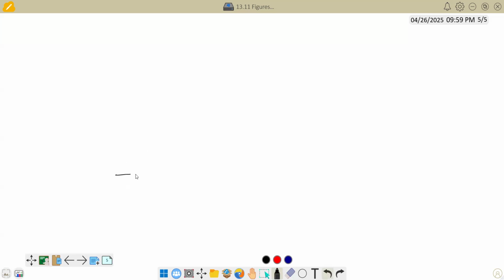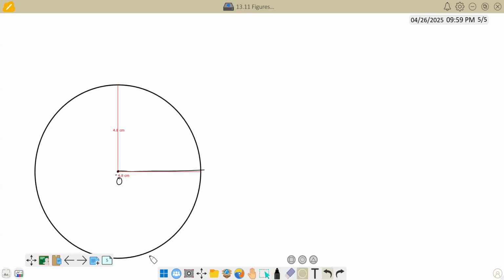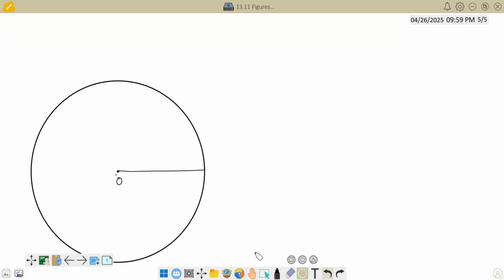Imagine that this is the center O, and the particle is traveling in circular motion in this way. Originally, my particle P is at an angle phi.